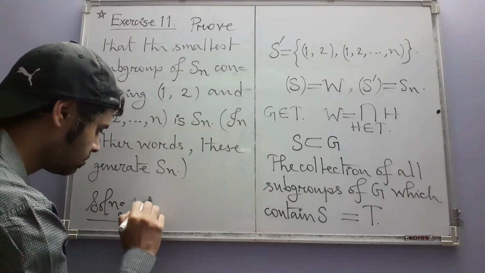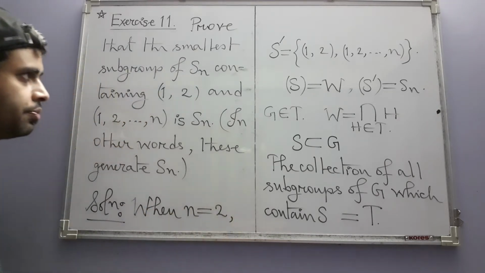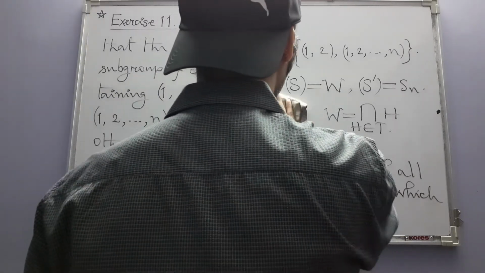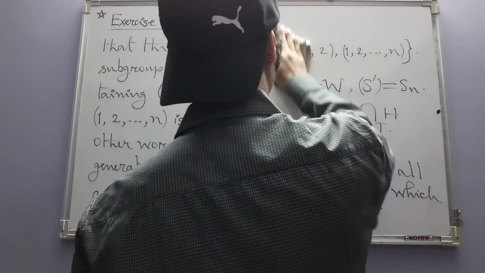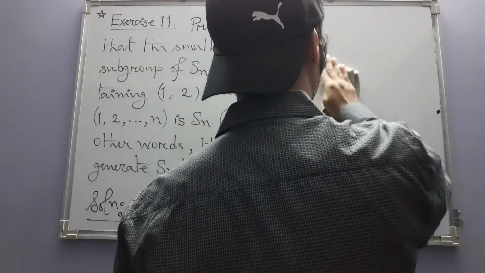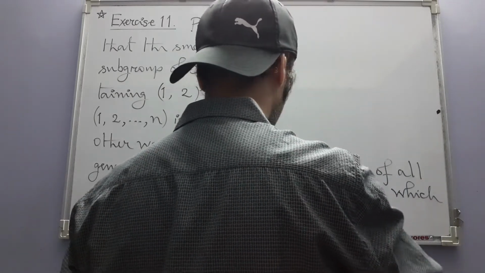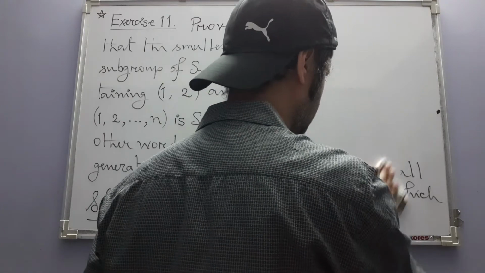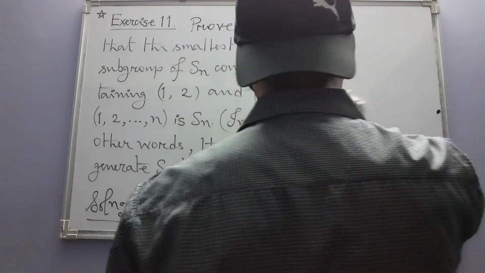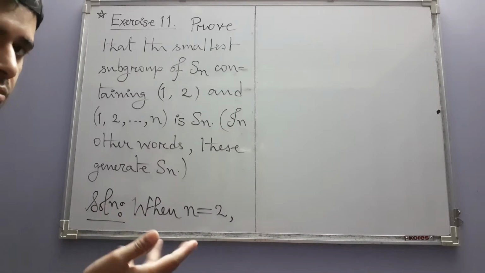When n is equal to 2, the claim is trivially true. Once we understand how that is true, we can then assume that n is at least 3, because the two cases will have been dealt with.